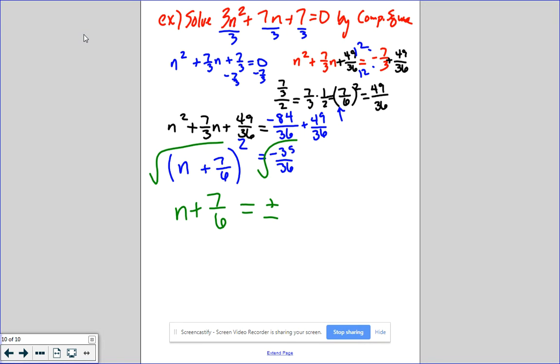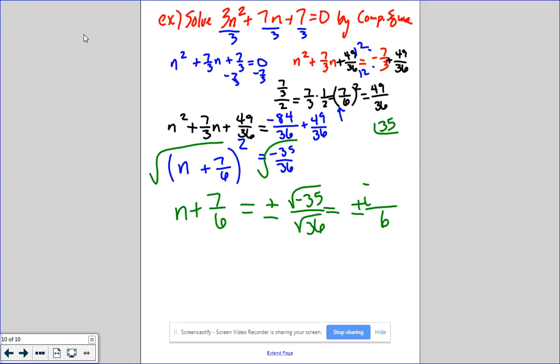So, what I like to do here is this. First thing I'm going to do is split it, because I know 36 is a perfect square, isn't it? Yeah. Okay? So, the bottom here, I'm going to have plus and minus 6 on the bottom. And then how do I get rid of the negative? I bring an i in. And then we got to see, well, does 35 break down?